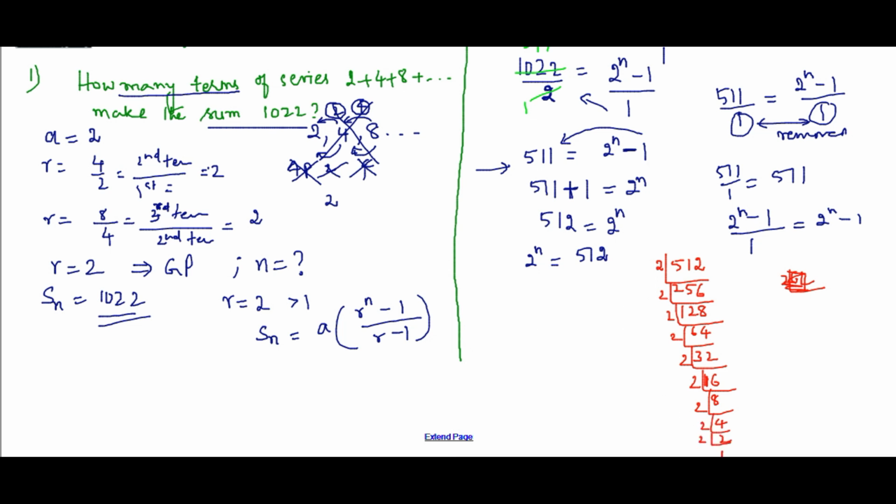So how many 2s am I having here? Let's check. 1 set, 2 set, 3 set, 4 set. So 2 square here, 2 square, 2 square, 2 square, and 1 more 2 here.